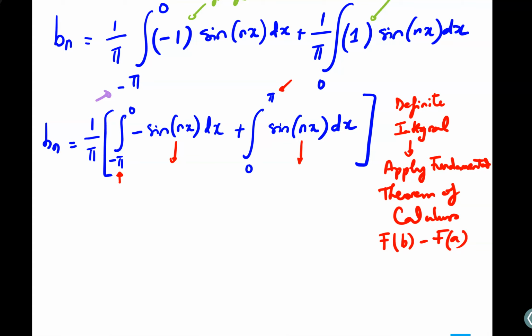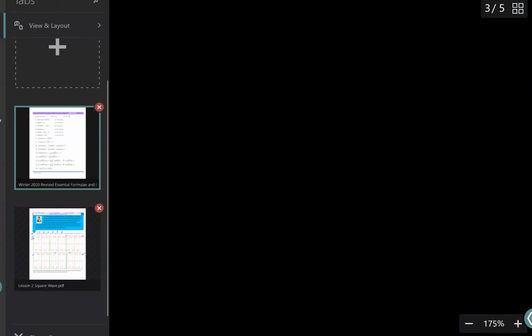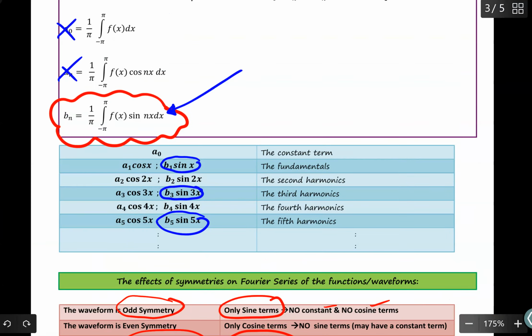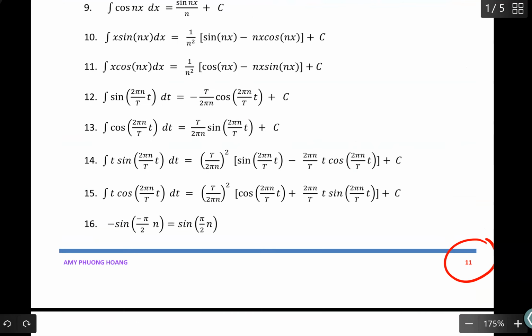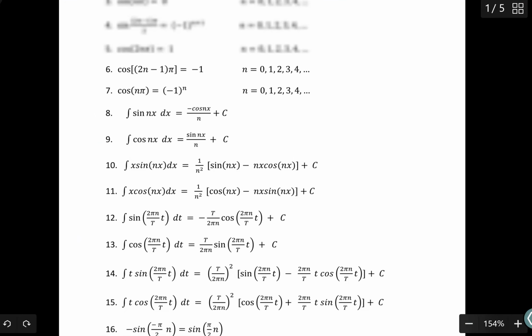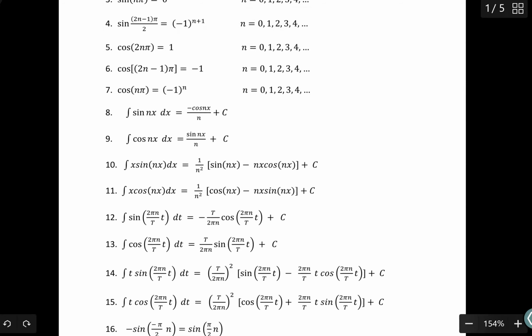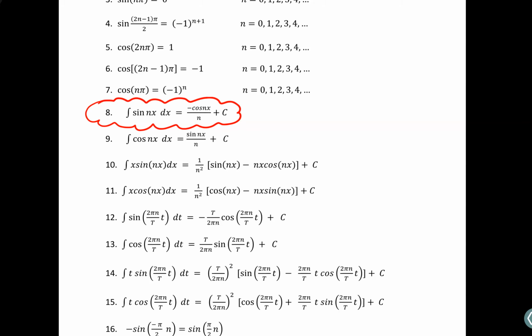Again, I will ask everyone to turn to page number 11 of our Fourier booklet. Okay, so here is page number 11. On page number 11, I would like you to look for the formulas that you can use to integrate sine of nx dx. I figure out that I can use this formula here. The integral of sine of nx dx is equal to negative cos of nx divided by n.